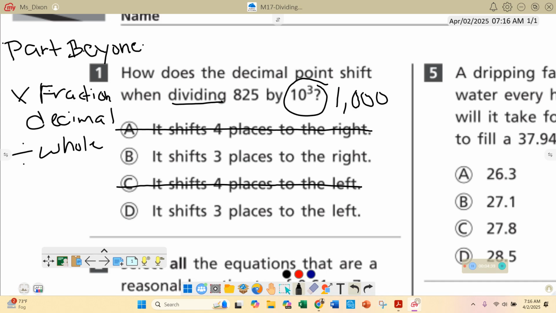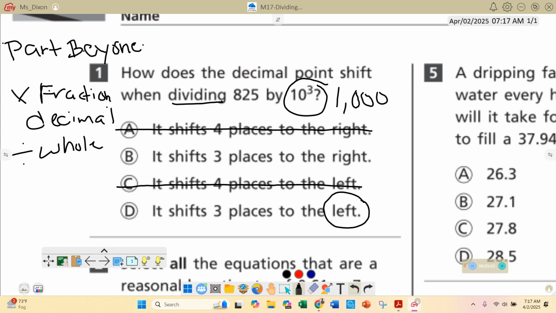So that means, and I just spelled Beyonce wrong, sorry Beyonce, we move to the left, to the left, to the left, to the left. So our decimal is going to shift 3 places to the left.